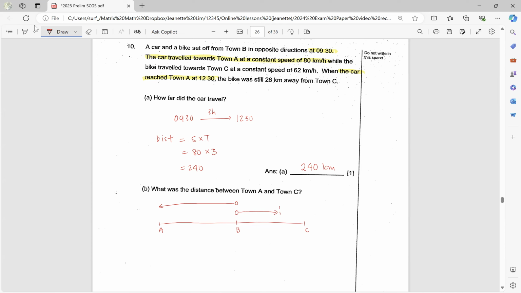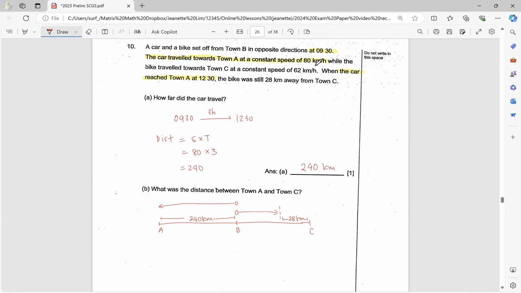It was 28 km away from C. Then the car traveled 240 km, so that we have found. The only part missing is this part traveled by the bike. So you need to find the distance covered by the bike.